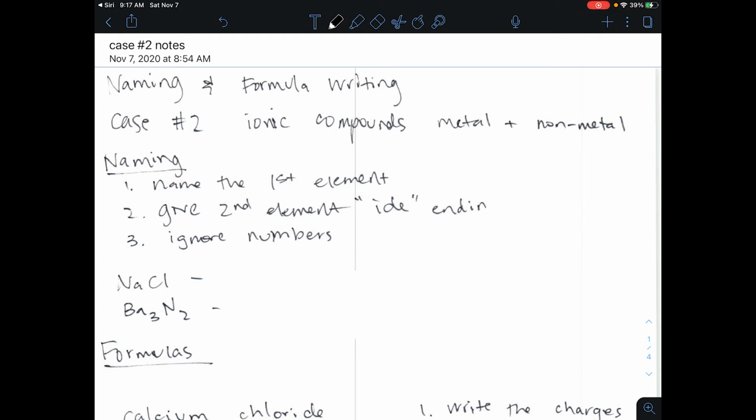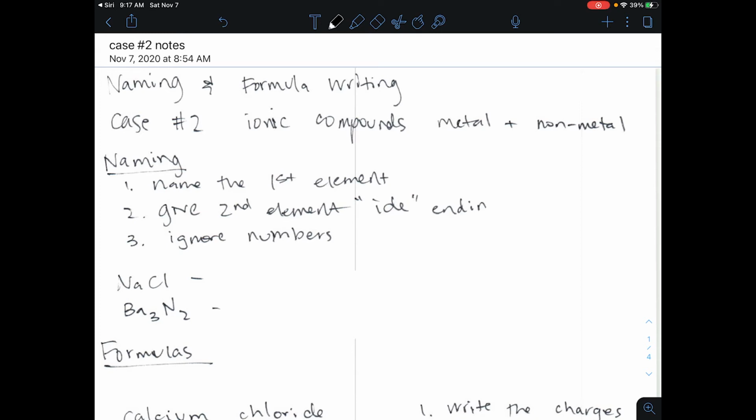I think it's helpful because there's a lot of exceptions, a lot of weird rules, and as a reminder, we are just learning how to name and write formulas. So when you see, for example, sodium chloride down here, and you're like, what is that? It doesn't matter. We're not there yet. We're just learning about the rules to name and write formulas. That's really important. That's the only thing that you should be able to be good at after you're done with all of these different cases.